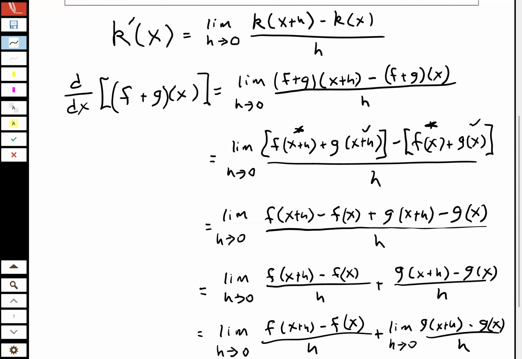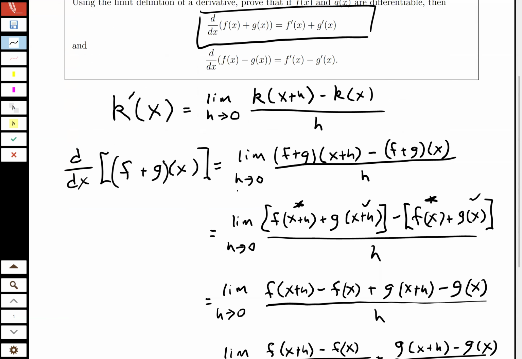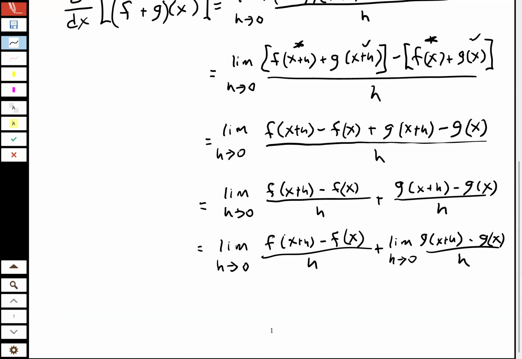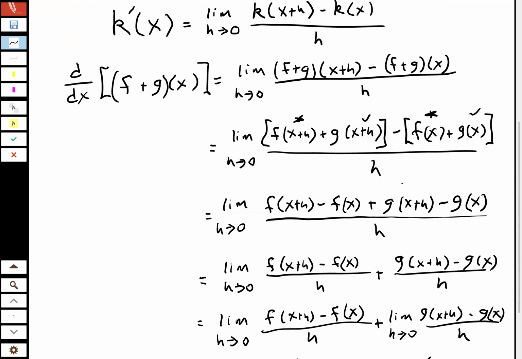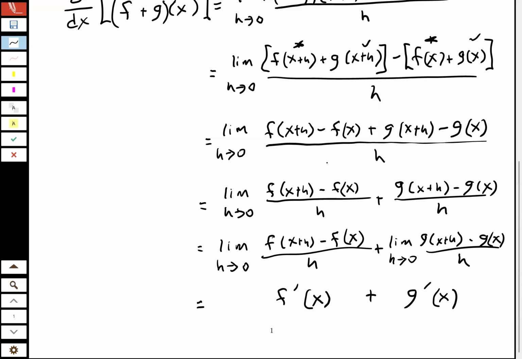This looks like the difference quotient formula for the derivative. Here I have the derivative of f, and here I have the derivative of g. So we can either add our functions inside of the limit, or we can take the derivatives of each of those individual functions and add those quantities together.